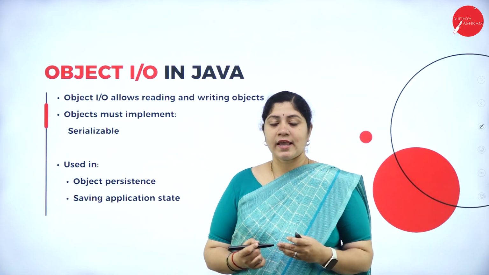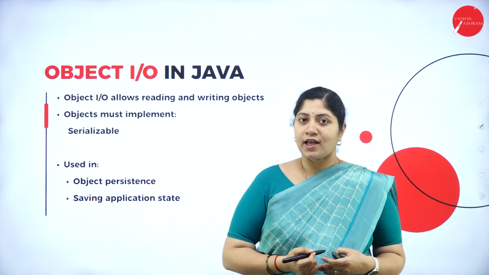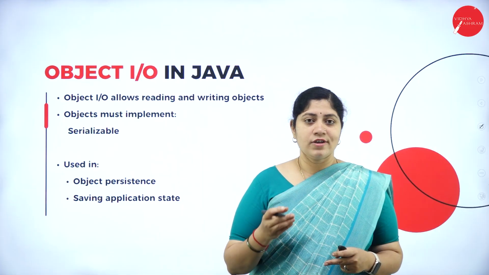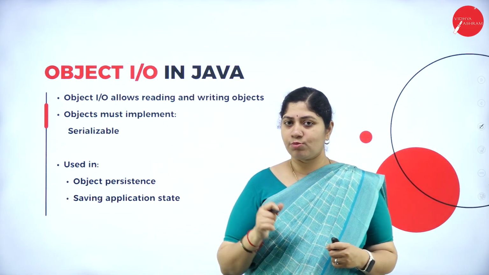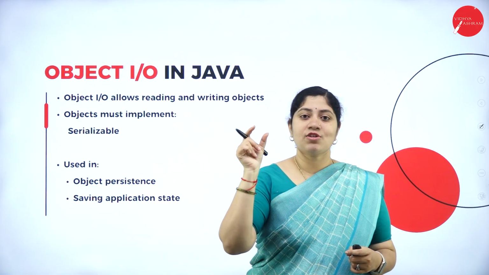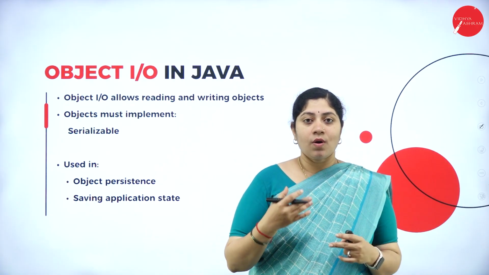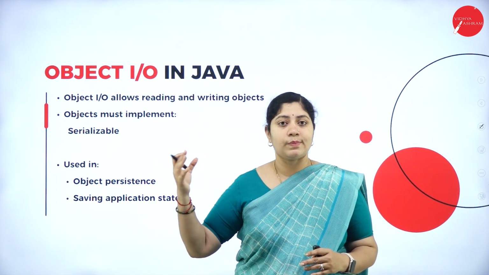Now let's understand what an object IO in Java means. Object, as we know, is a real-time entity, right? So Java programming is completely dependent on an object-oriented programming language. So the object is very important, and the operations with respect to objects, that is input and output, will be crucial.